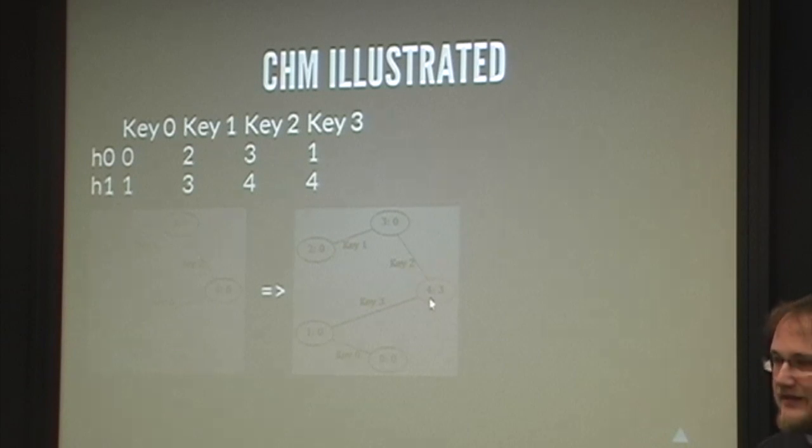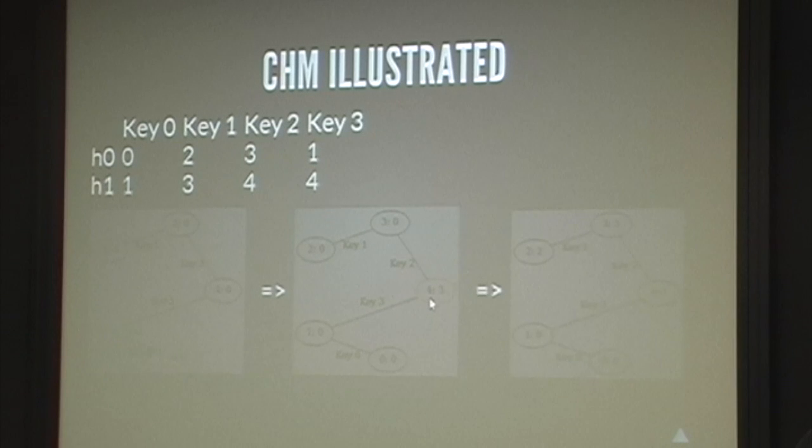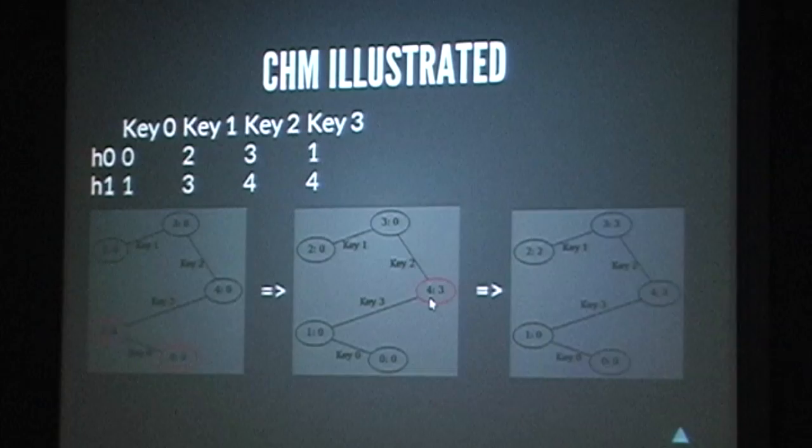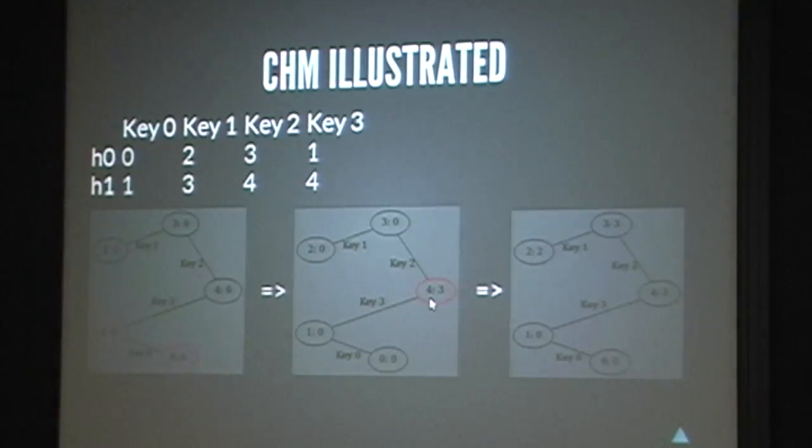And I'm repeating that as long as there are some edges that are not assigned. Because I do know my graph is cycle-free, I can always find one edge that's not completely assigned yet.